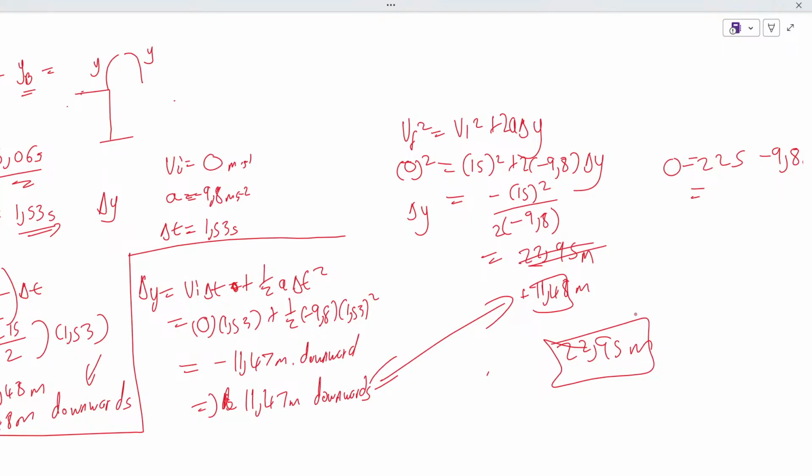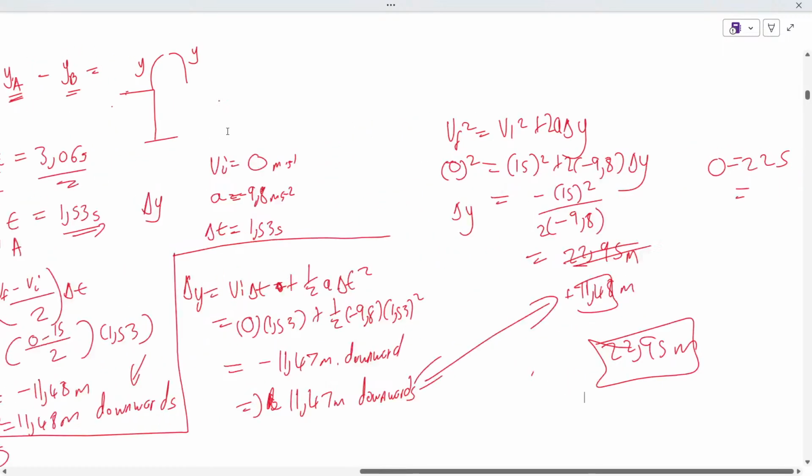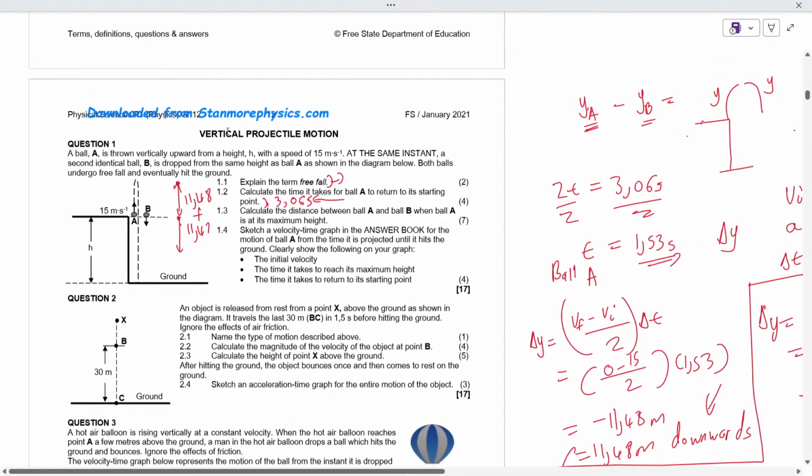Can we please read the question again? It says calculate the distance between ball A and ball B when ball A is at its maximum height.